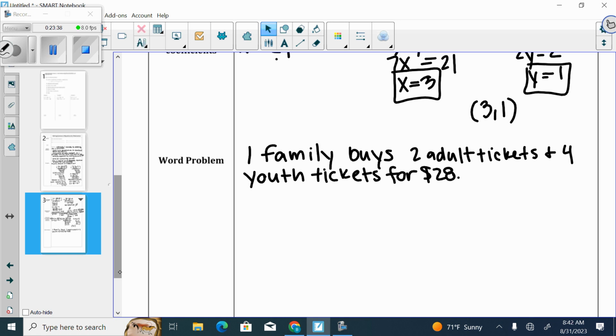Okay, there's also another family purchasing tickets. So another family purchases 4 adult tickets and 5 youth tickets.